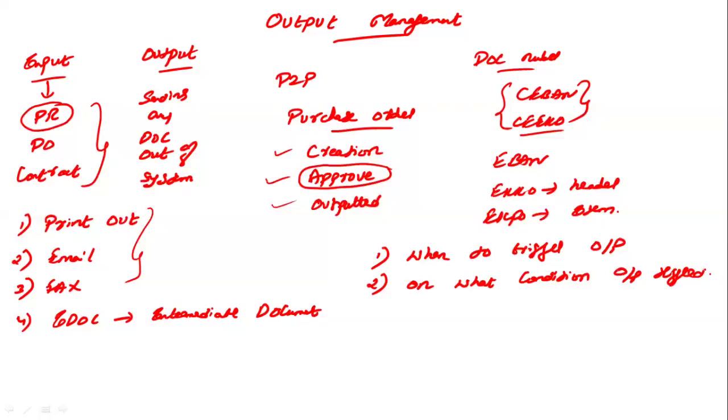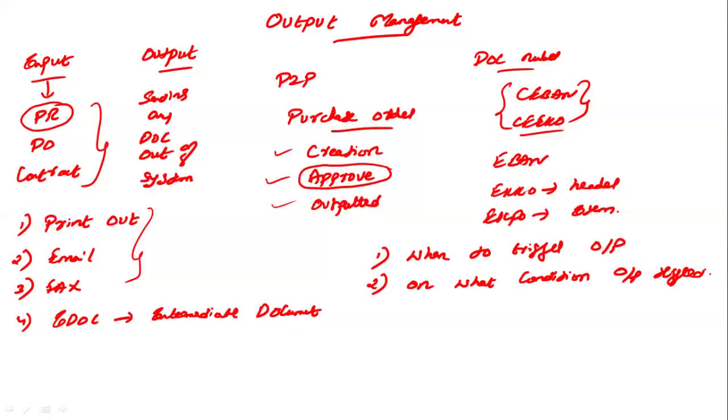We tried creating a purchase requisition with a different document type. The output did not get triggered. And when we changed the document type to the correct one based on the conditions, the output got triggered. So we are setting a rule that only in these cases the release procedure should get triggered. In the same way, for output management also, we are specifying conditions saying that only in this condition, the output should get triggered.